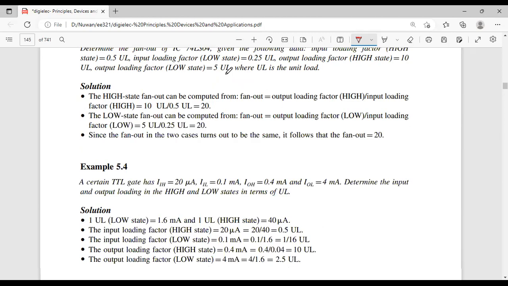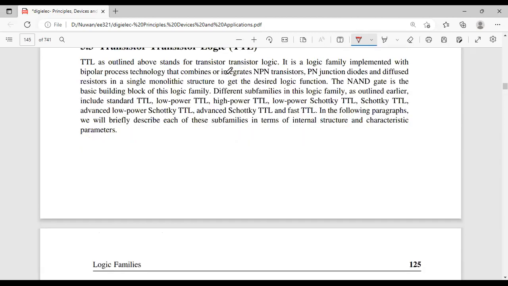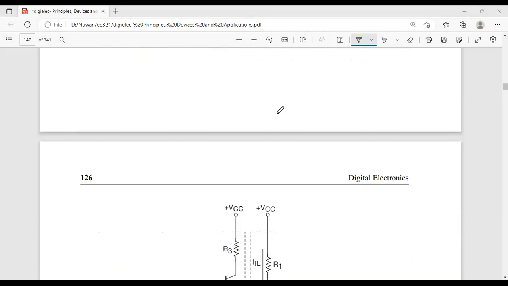Okay, for the last question you will get ADC and DAC. I think the DAC ADC design you will get, the complete design.